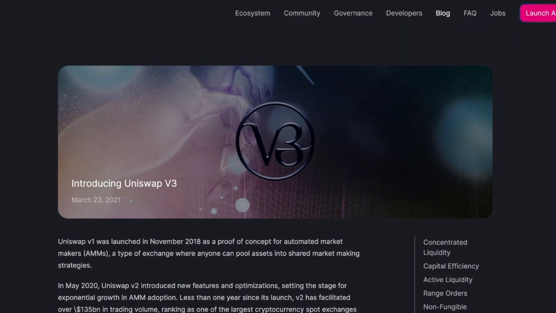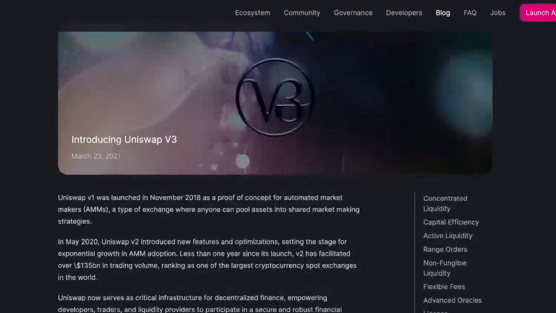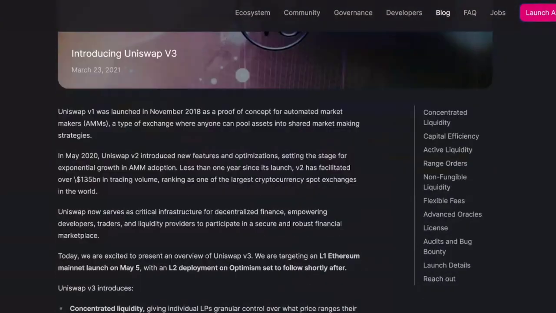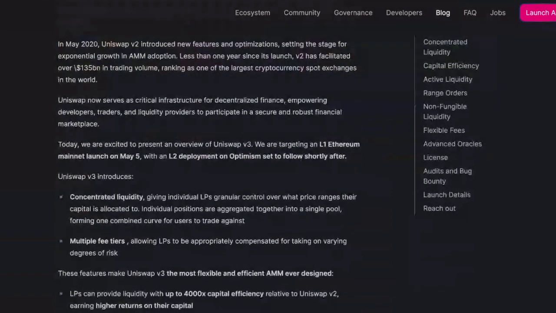Right. Yeah, I guess we can go through this blog post just to recap some of those key features that you just said. But as far as I'm aware, the big changes from V2 to V3 were the concentrated liquidity. So where you have the power to specify a price range within your pair that you're allocating your liquidity to.